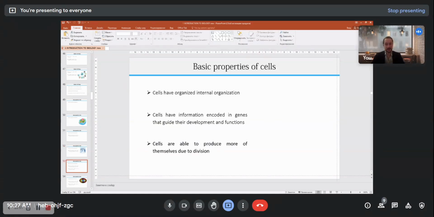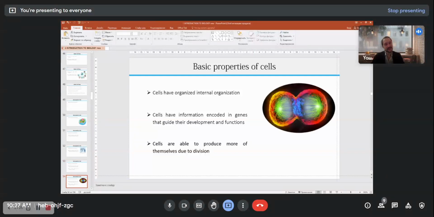Also, an important property of the cell is that cells are able to produce more of themselves due to division. Of course, some highly specialized cells lose this property, they stop division, and they start to function in different ways. But cells such as stem cells maintain the capability of division throughout the life of the human body.